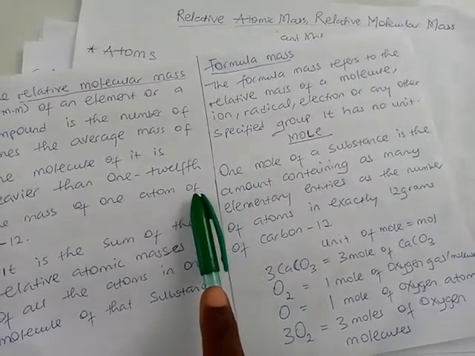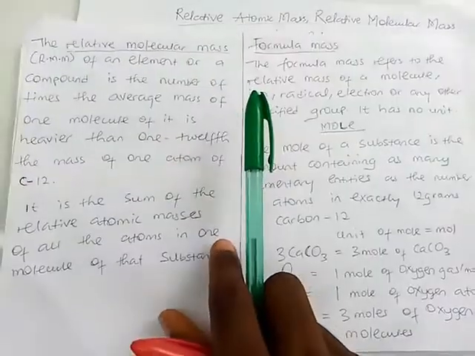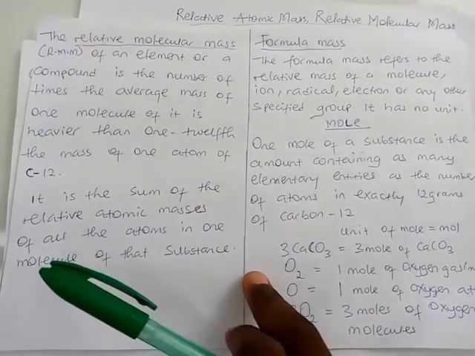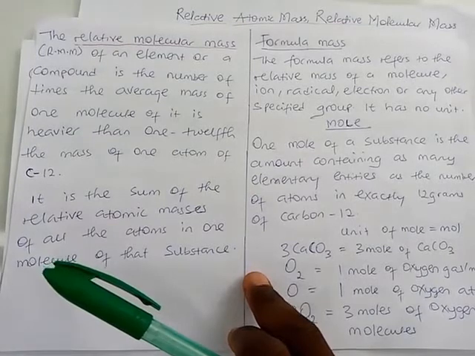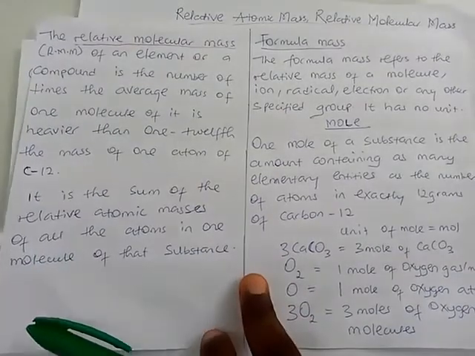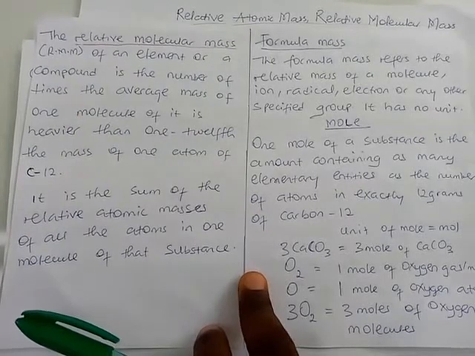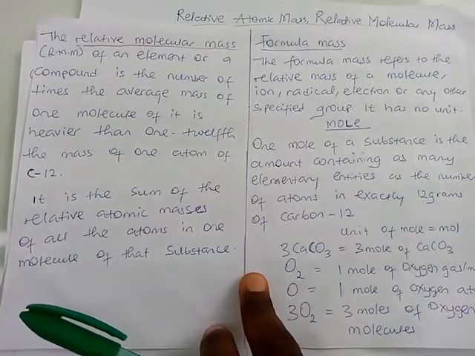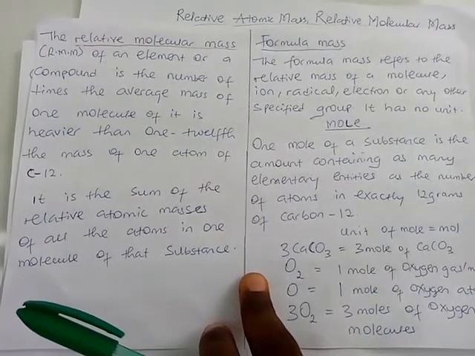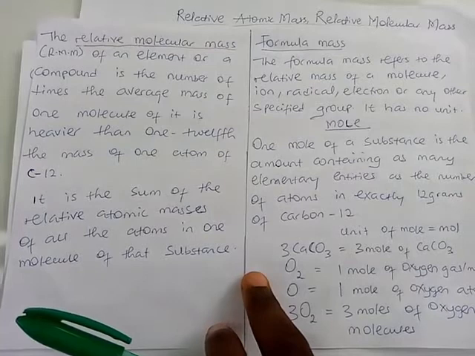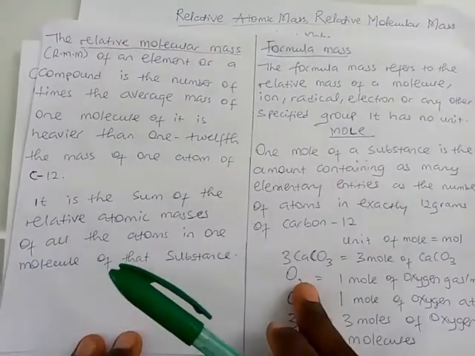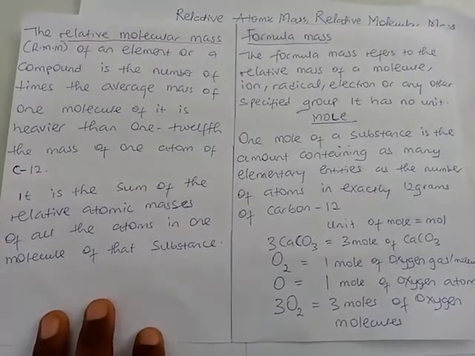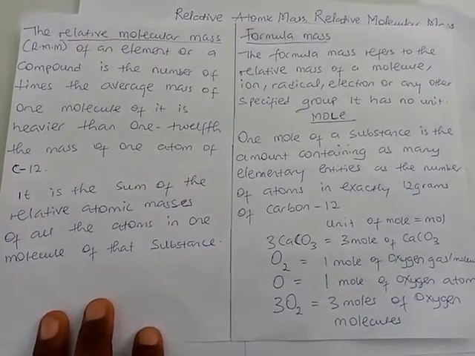I hope we are following. Let me go again. I said that the molar mass of a substance is the mass of 1 mole of the substance represented in grams. Or we can still say that the molar mass of a substance is the formula mass expressed in grams. So with that being said already, I believe we have an understanding of what the molar mass is.